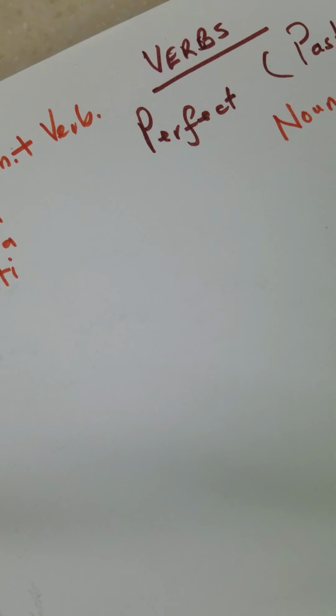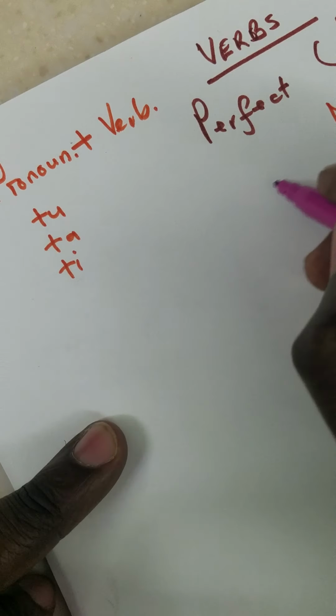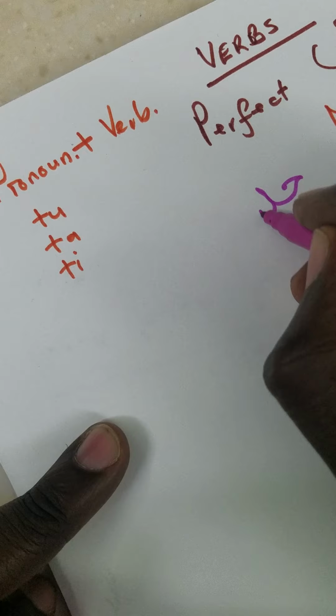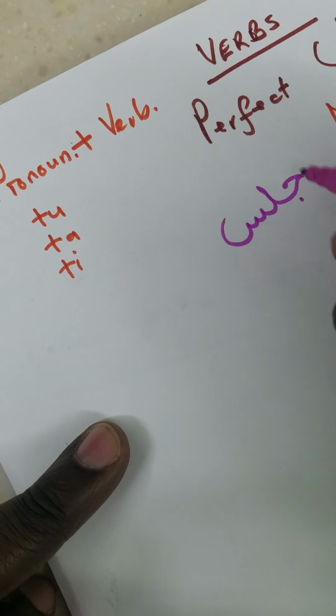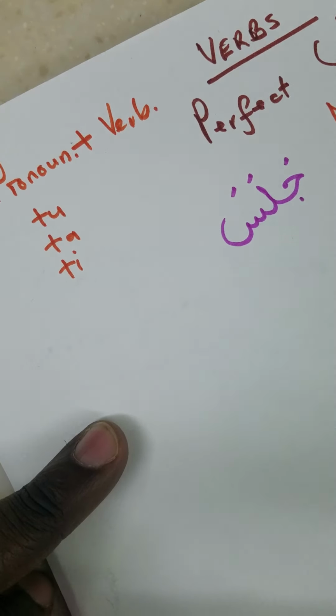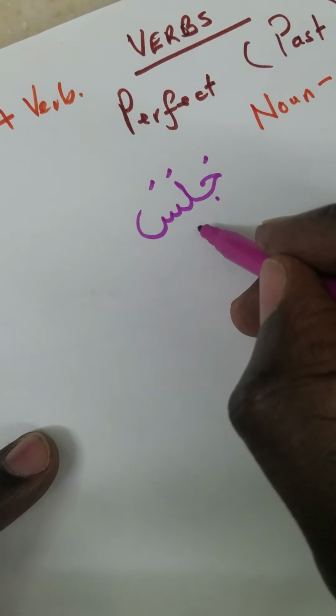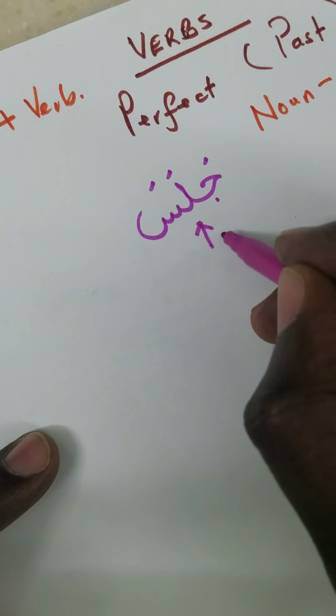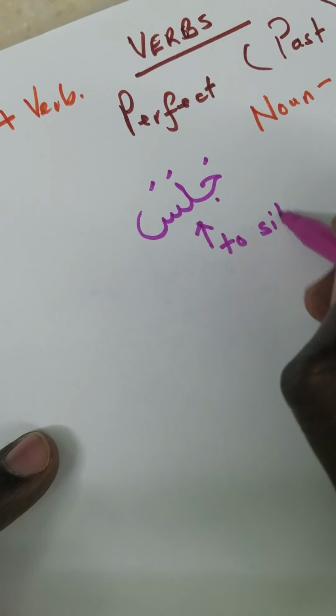For example, we had an example of the verb jalasa. And we said this verb denotes to sit.